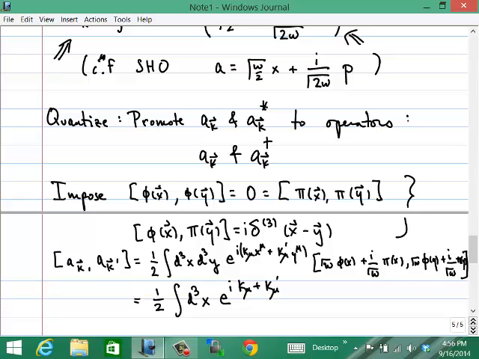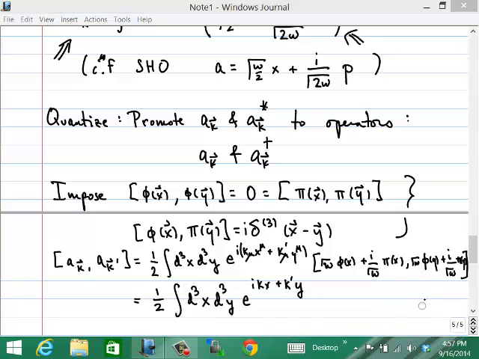Sorry, let me be a little more careful here. So let's write this out a little bit more explicitly. Integral d3x, integral d3y, e to the i (kx plus k prime y). Okay, somebody's working hard.